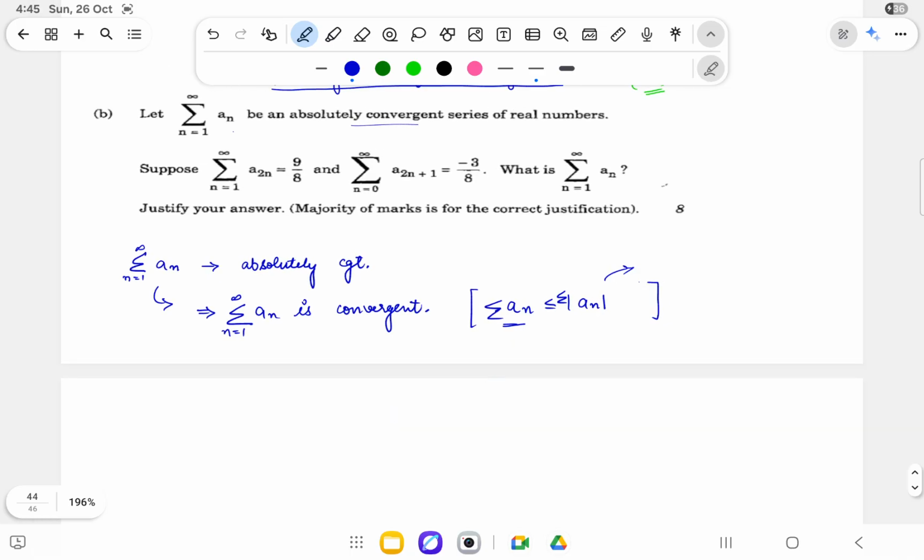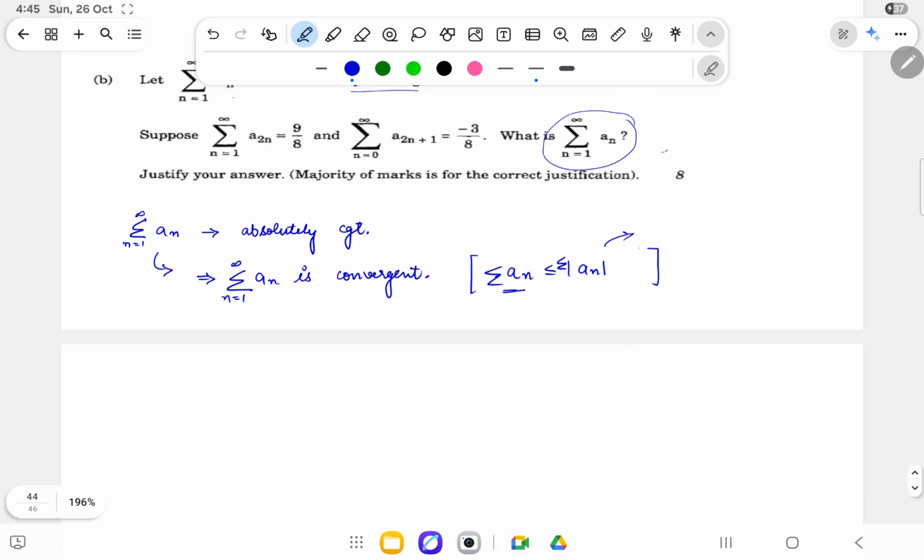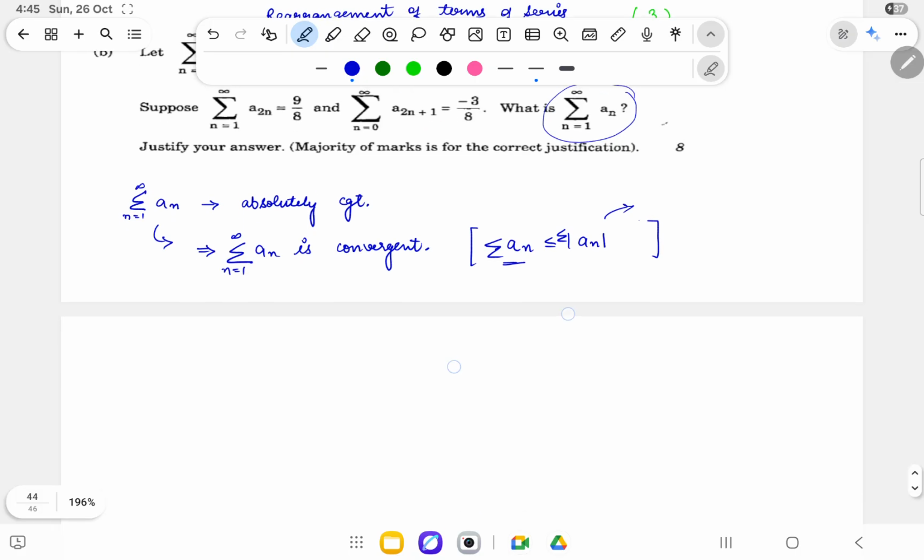Now further they have given us 2 subseries of the given series and their sums, and we're supposed to tell what will be the sum of the entire series. We are also supposed to give the justification, like the result that we have used to find its sum.